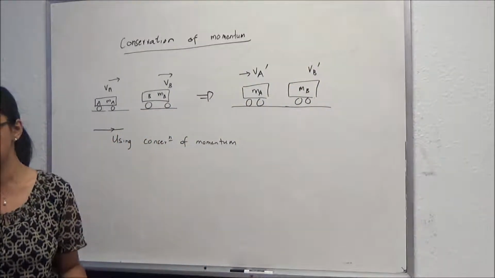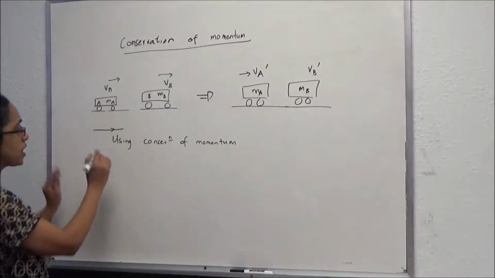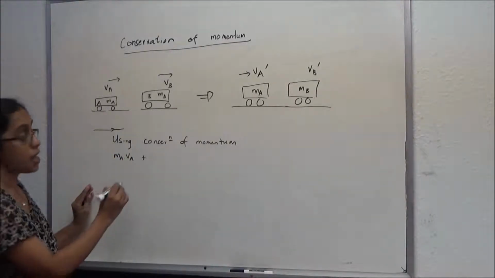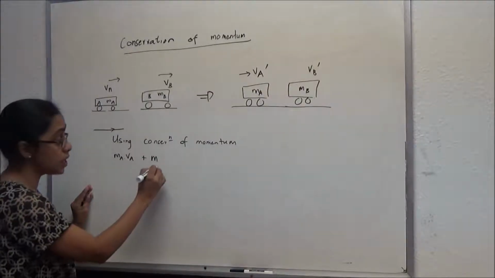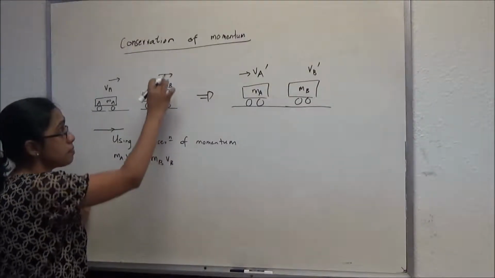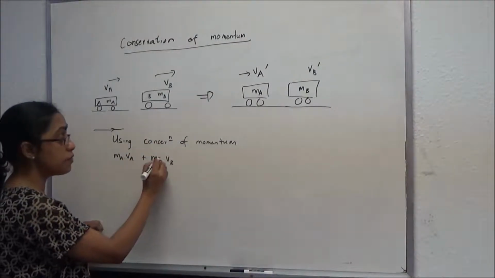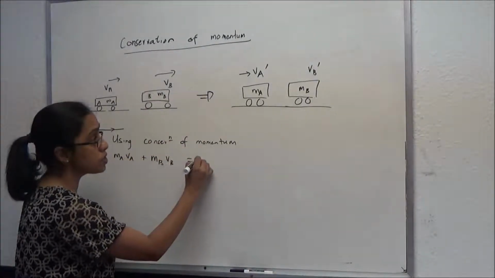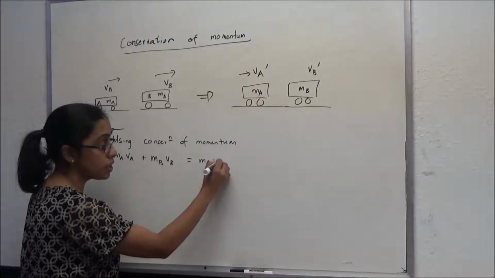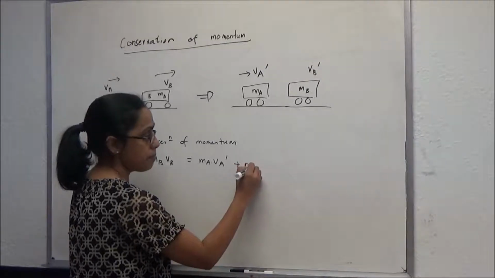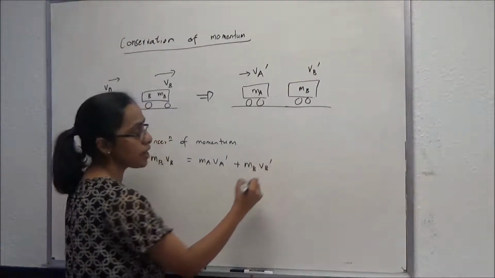That's the base. So MAVA plus MBVB should be equal to MAVA dash plus MBVB dash.